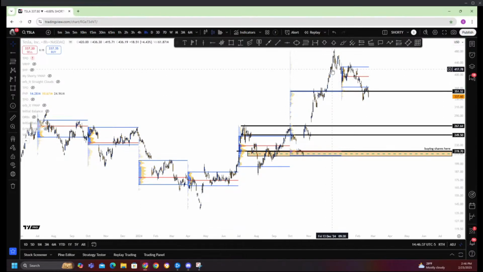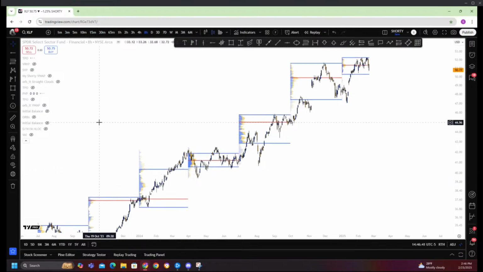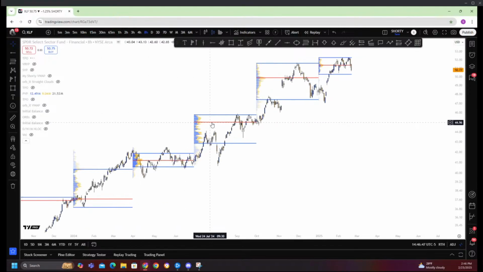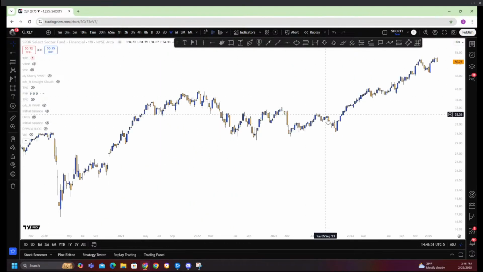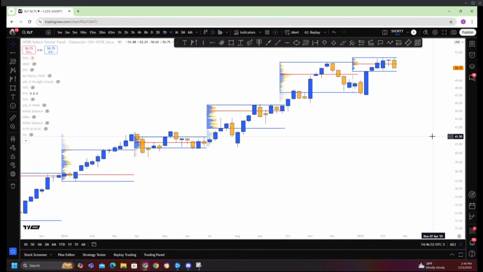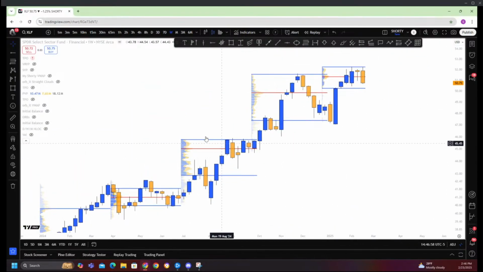Oh, let me just look at this. There's nothing bullish here right now about banks. So look at this, you tell me. This is about to collapse. XLF is going to take a beating here shortly.